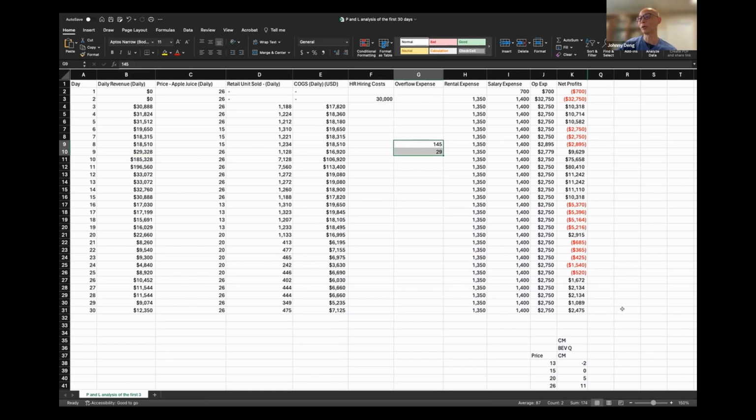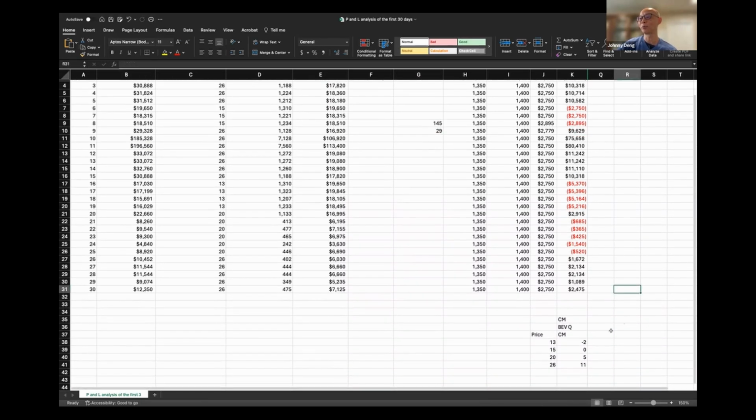So that's just an example, and then here I ask them to calculate the break-even point based on the data they got here, so they can try different price points. Their contribution margin is a little different, so they can calculate the break-even point for a different price range.